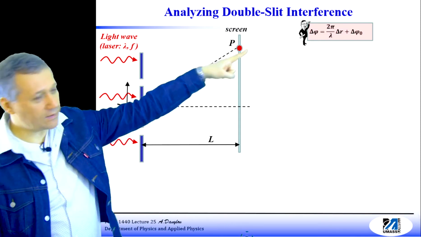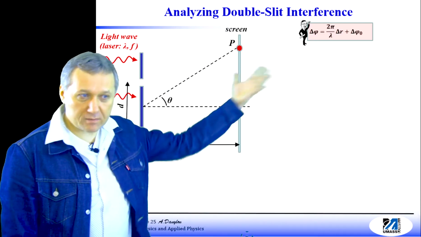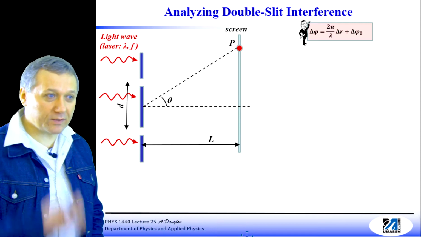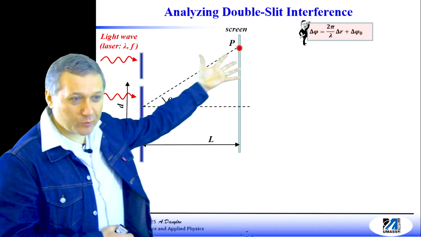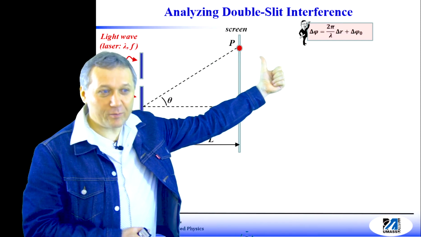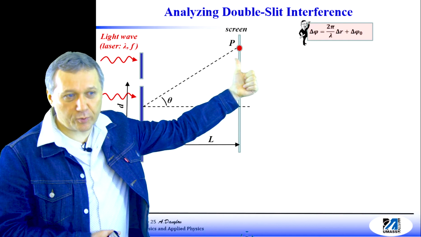So now I can say that at that angle theta, this point P is located. Okay, and now, as I said, we need to write our conditions, again for a bright spot at that point P.